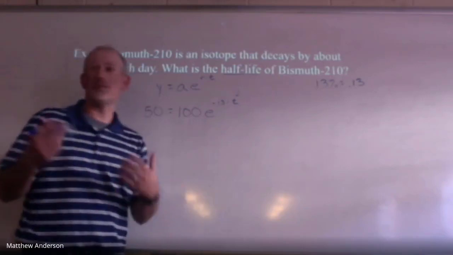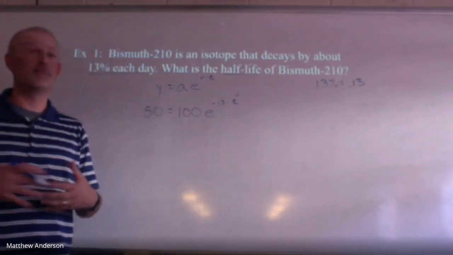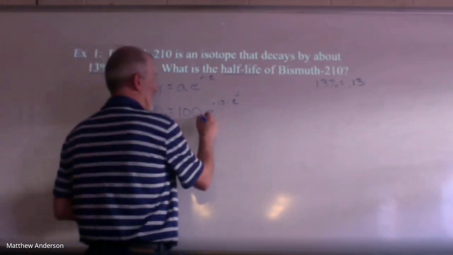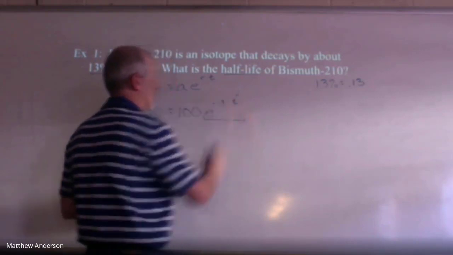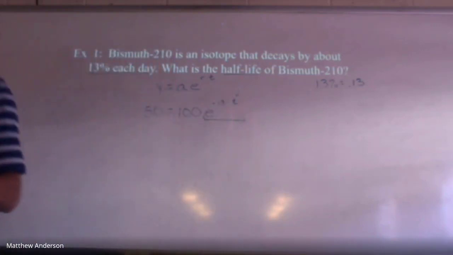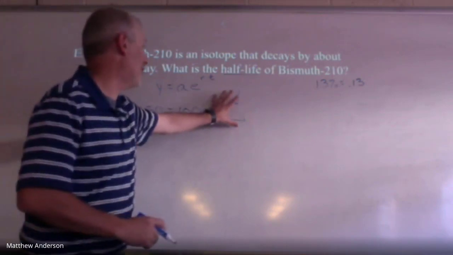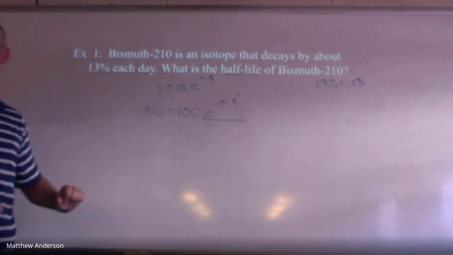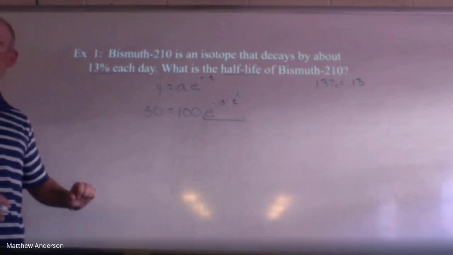If you remember your steps, the first thing you're always going to do is isolate. Our base is e, our exponent is that stuff right there, and we want to isolate that, which means we have to get rid of what? We're going to get rid of the exponent, but not quite yet. What do we have to get rid of to get this by itself? Divide by 100.